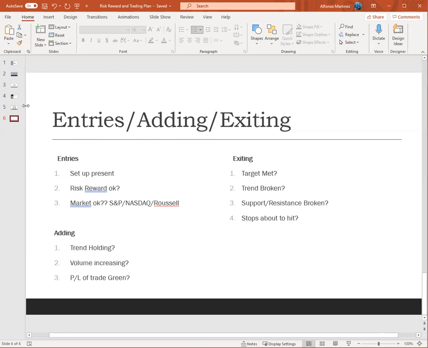So this is very simple. It looks very simple, these 6 slides. I think that in theory, it's not very complicated to understand this methodology. The hard part is to follow it and be disciplined and get used to it, because sometimes the bell starts and everything is very quick and you just want to jump in a trade.